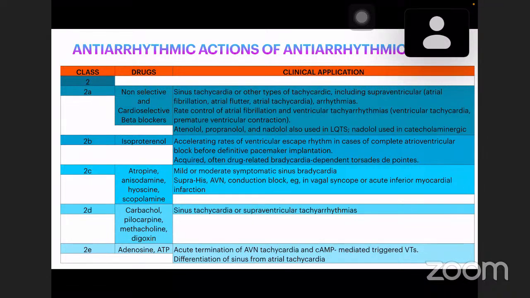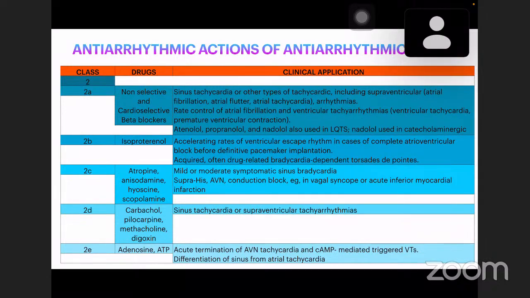Isoproterenol increases the ventricular escape rhythm in case of complete AV block, before placing a definitive pacemaker. And it can be used in drug-related bradycardia, and also drug-related bradycardia causing torsades de pointes.